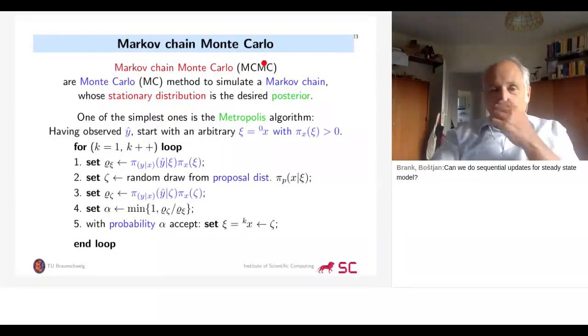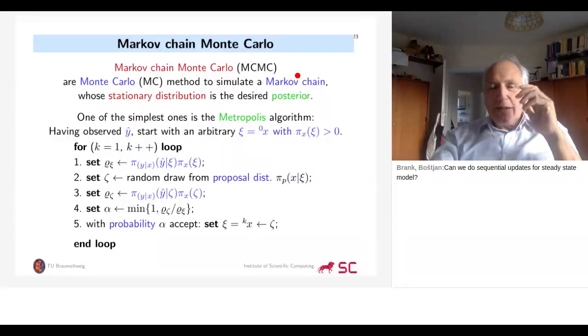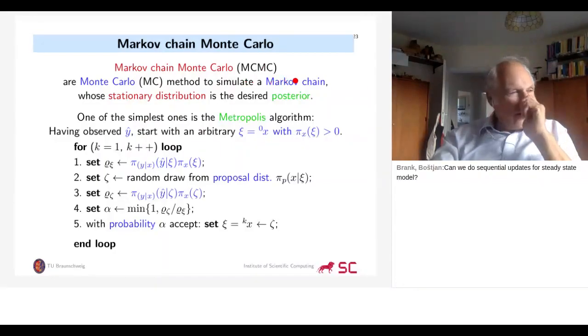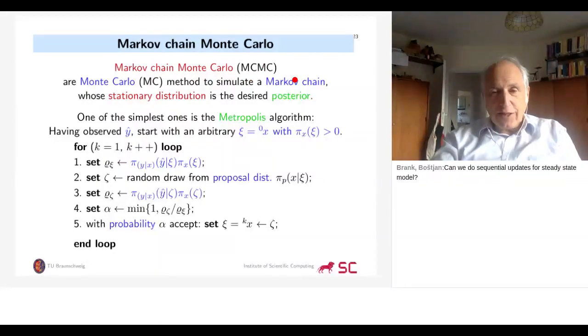Good. So now we look at Markov chain Monte Carlo, and the idea is the following. You start with a prior density, and on this space of states, you simulate a Markov chain. So what is a Markov chain? A Markov chain is a sequence of points in this set of states, where, when you're sitting at one point, the next point depends only on the point where you're sitting.